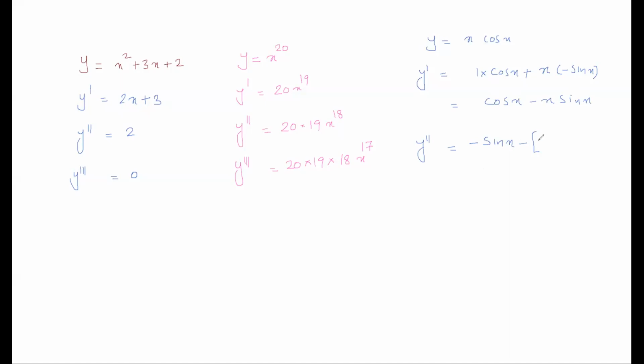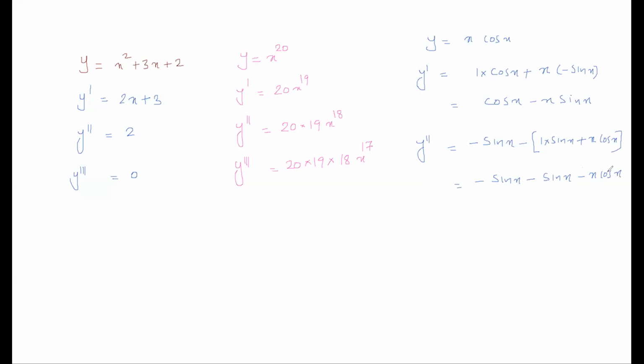So derivative of first, derivative of x 1 into second, that is sin x, plus first into derivative of second, sin x ka derivative cos x, that is x cos x, minus se multiply karenge to minus sin x minus x cos x.